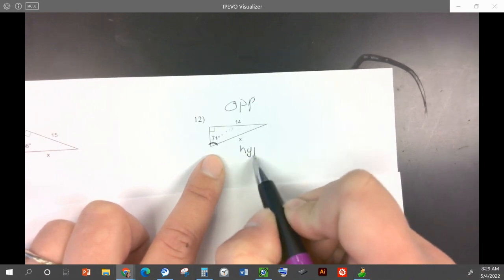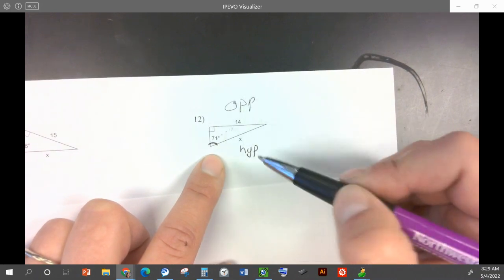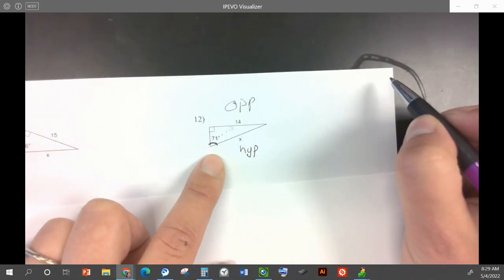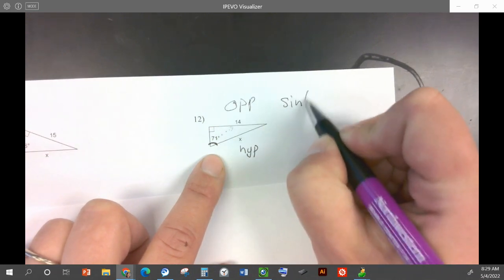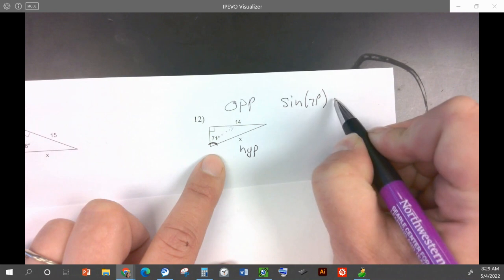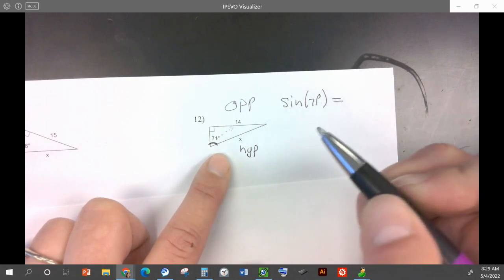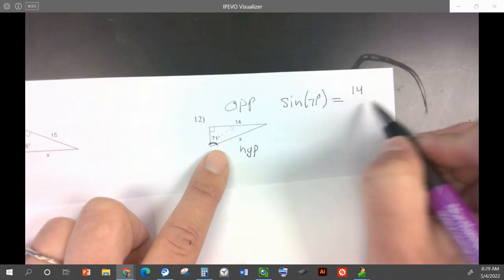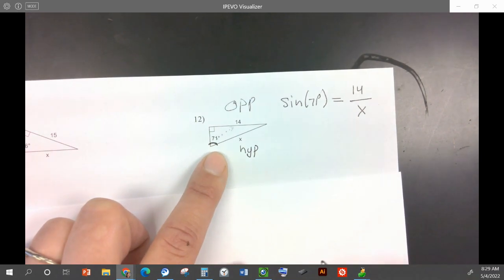Thank you. Hypotenuse. Perfect. So now we need to remember what relates opposite and hypotenuse. Good. So sine of the angle. The angle always goes in the function. Sine of the angle is opposite side, 14, over hypotenuse.